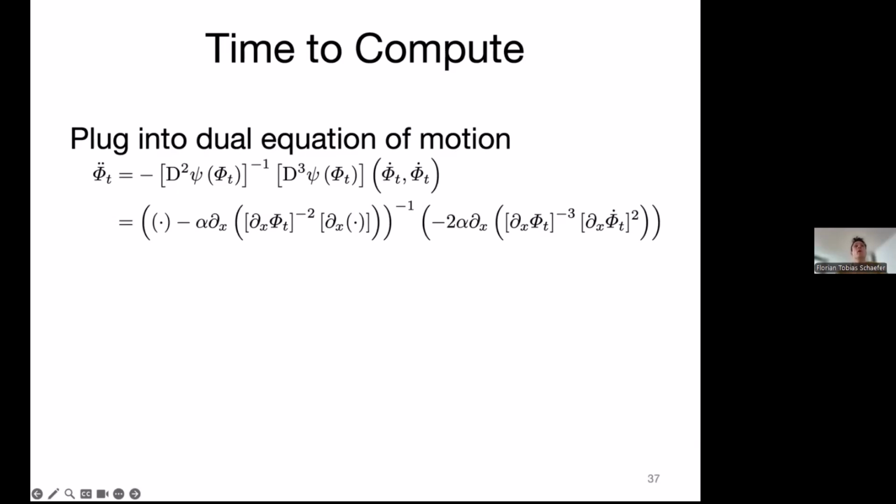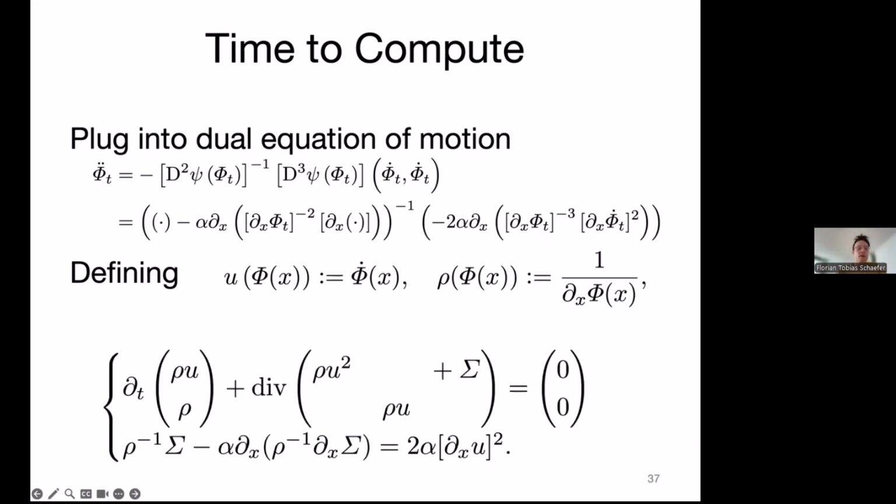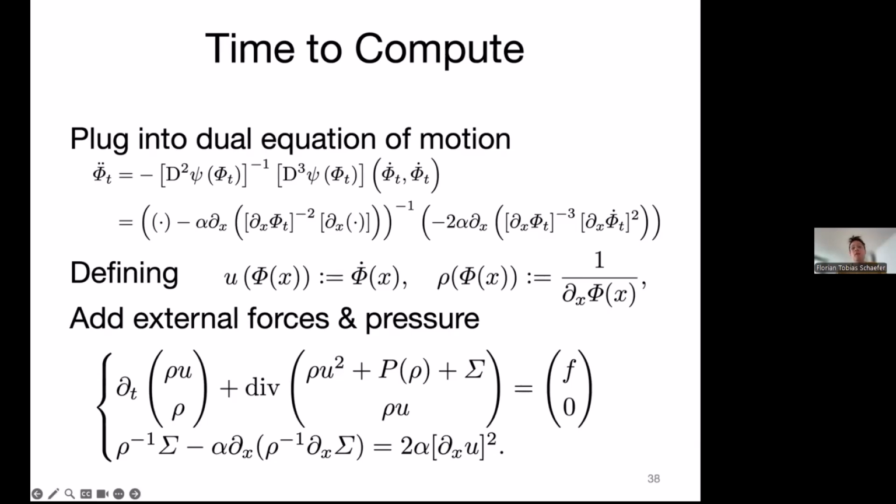Then we plug this into our dual equation of motion, and now we get a new equation that these deformation maps have to follow. Then we can translate the result back into Eulerian coordinates. So we reintroduce the Eulerian velocity and the Eulerian density variables, and we get a modified conservation law. And then we just add back the pressure and whatever right-hand side forces.